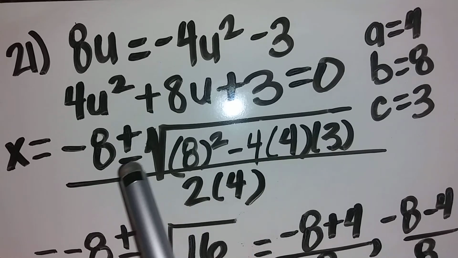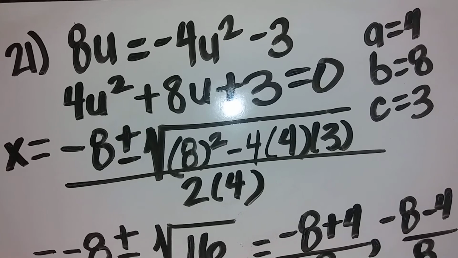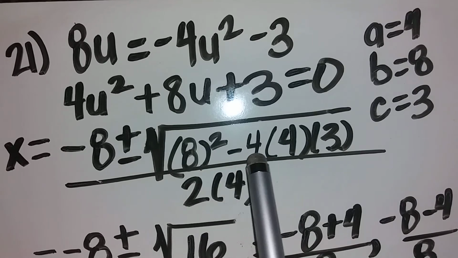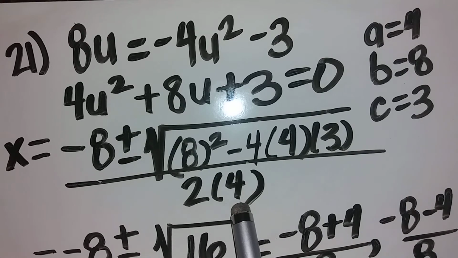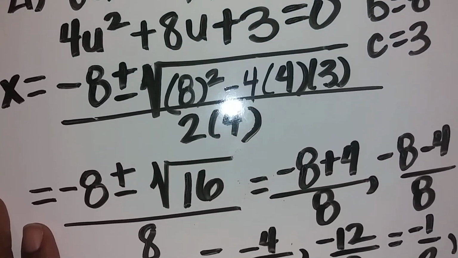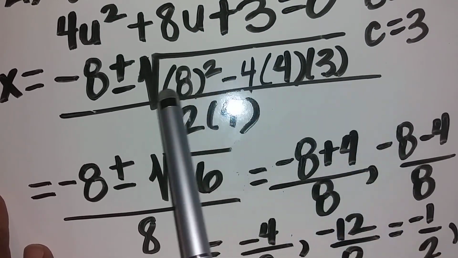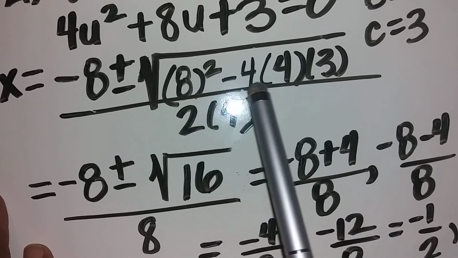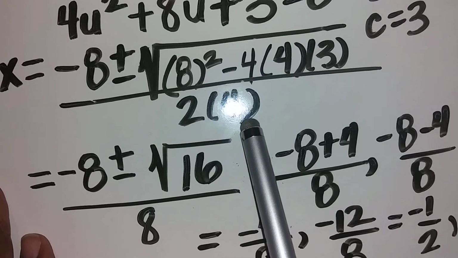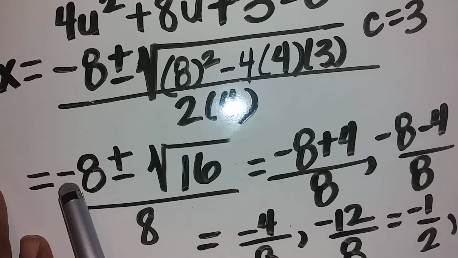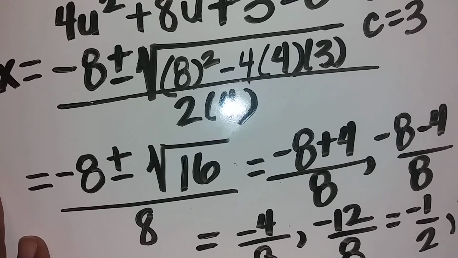Once I write in standard form, I can identify my a, b, and c. After that, I want to plug it into my quadratic formula. So negative b plus or minus the square root of b squared minus 4ac divided by 2 times a. Okay? Right here under my root, I just typed all of this in from left to right, and I got 16. 2 times 4 I know is 8. And bring down that negative 8 and that plus or minus.